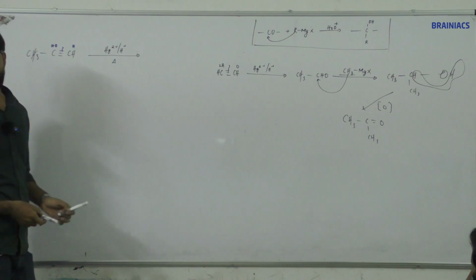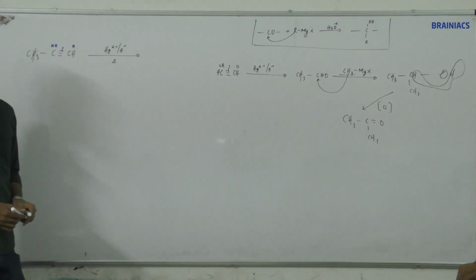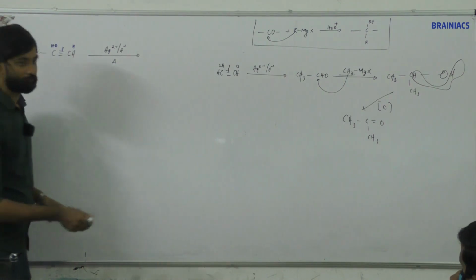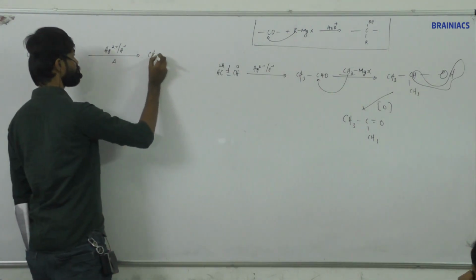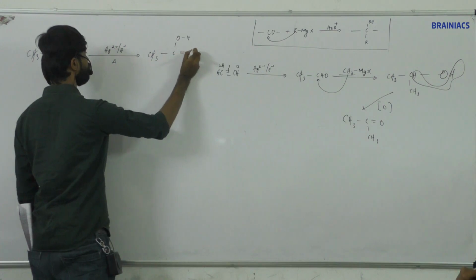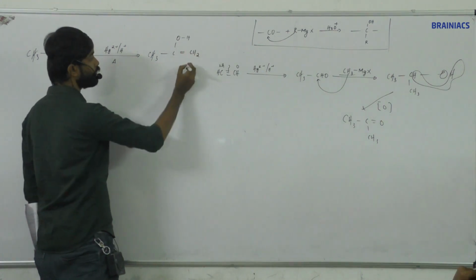That intermediate is an enol intermediate. If you know the tautomer, it readily tautomerizes to form ketone. So what about the enol structure? C, OH, double bond, CH2.